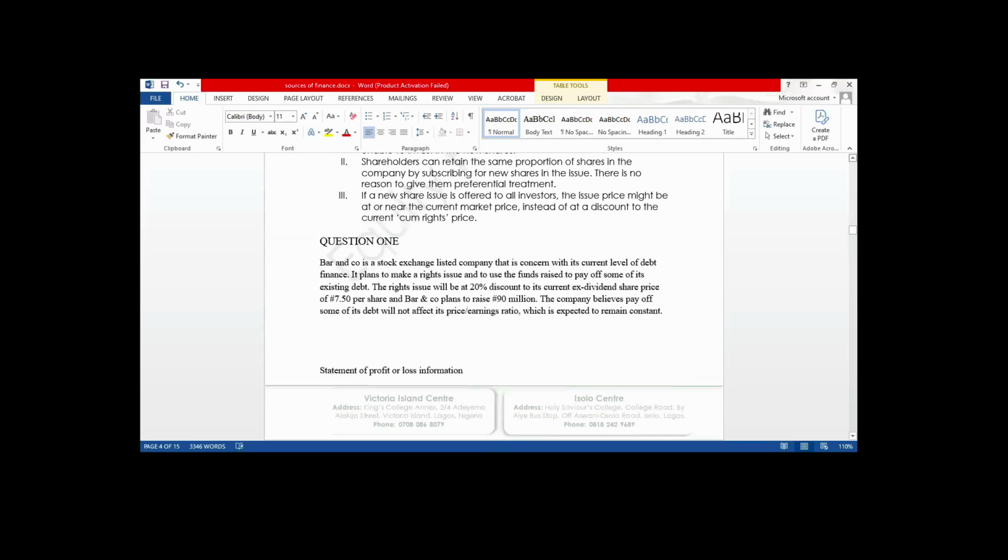Banco is a stock exchange listed company that is concerned with its current level of debt finance. It plans to make a rights issue and to use the fund raised to pay off some of its existing debt.